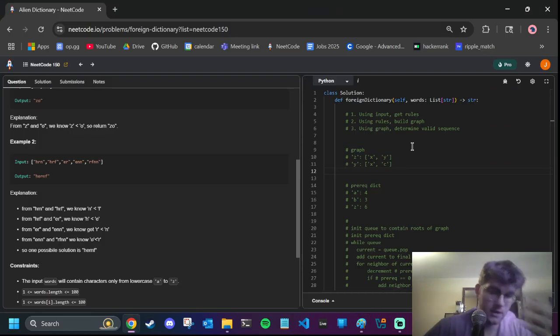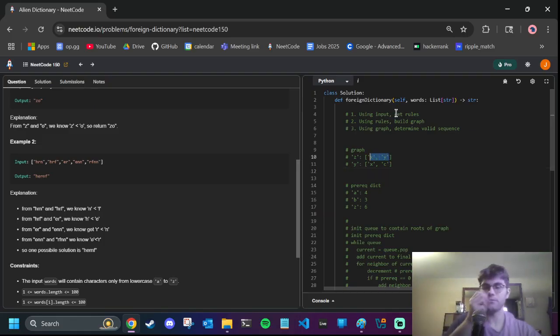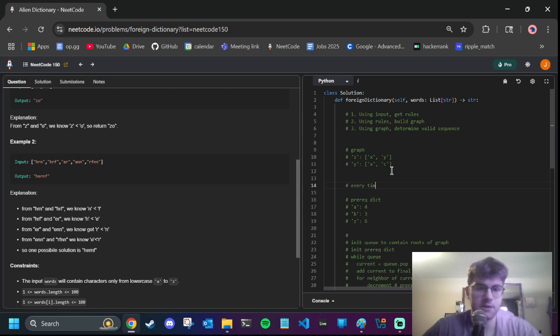Okay. And every time a node gets added as a neighbor, we will increment its prereq by 1.